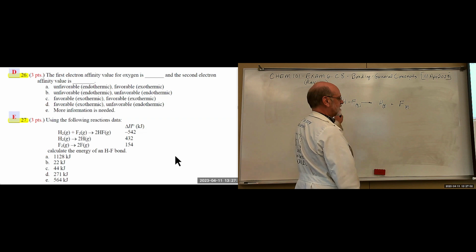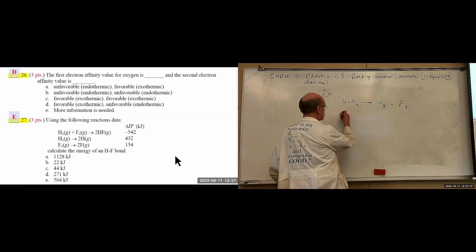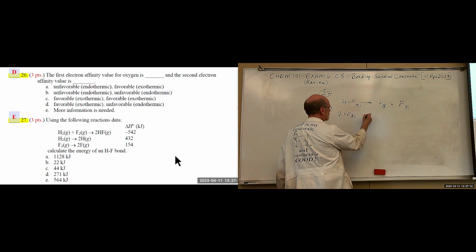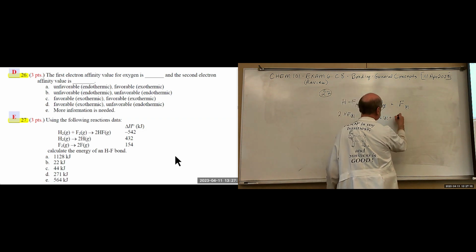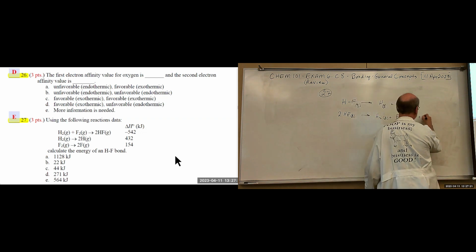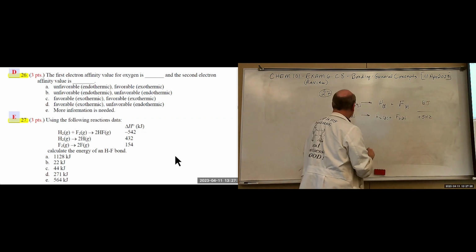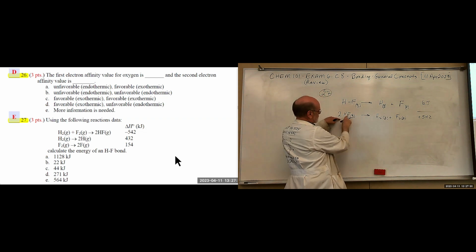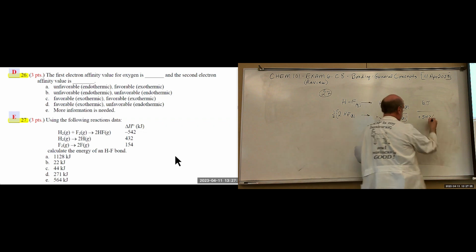Let's see. HF we want on this side. So we want to flip this one to HF gas yields H2 gas plus F2 gas. And now that will be a positive 542 kilojoules. But we only need one of these, right? So we need to take a half of that, which would take a half of this.